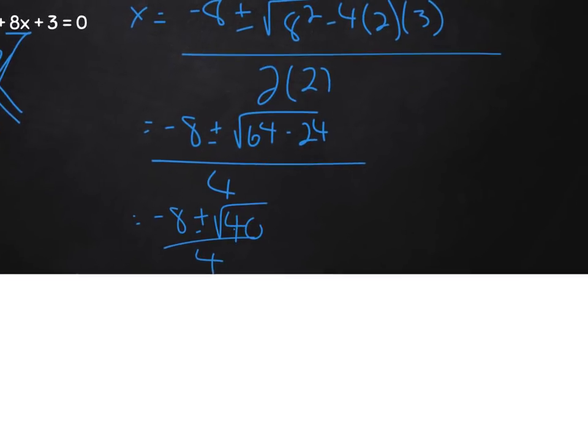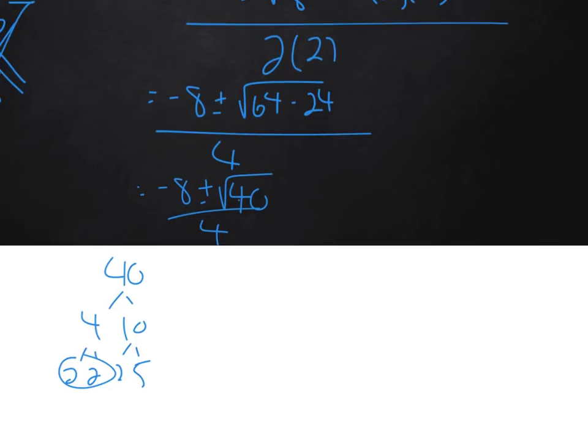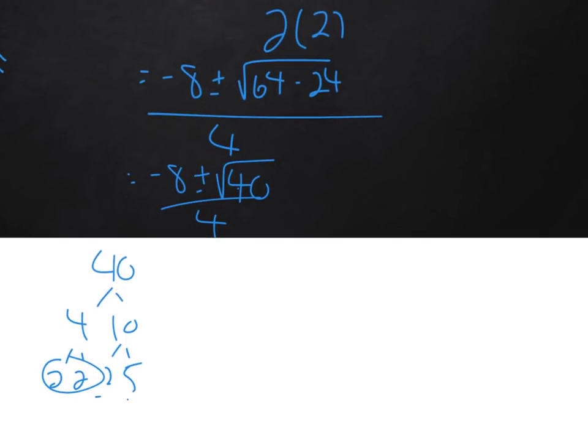And then we're going to take 40 and break that down. We get 4 and 10. That becomes 2 and 2, and that becomes 2 and 5. So there's our pair. 2 and 5 are left on the inside. So this becomes negative 8 plus or minus 2 root 10 all over 4.